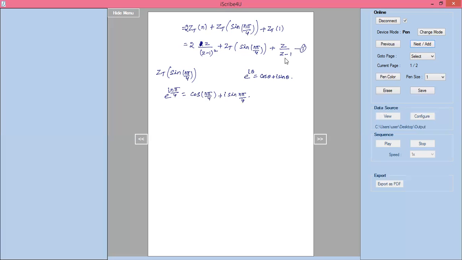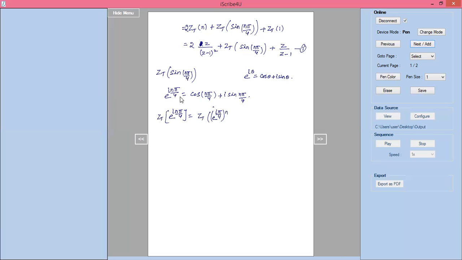Now here I want to find the sin n pi by 4 value. If you want to find the sin n pi by 4 value, you will take the general term and find it out. So I take e power i n pi by 4, and the Z transform of this I will take like this: Z transform of e power i pi by 4 whole power n.